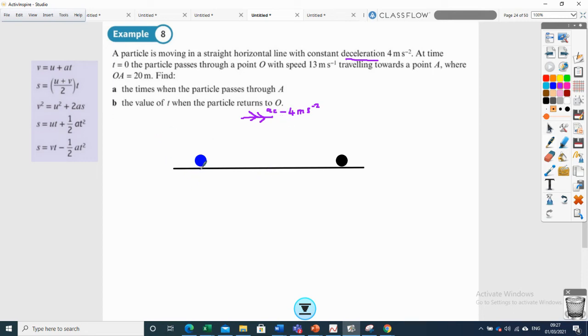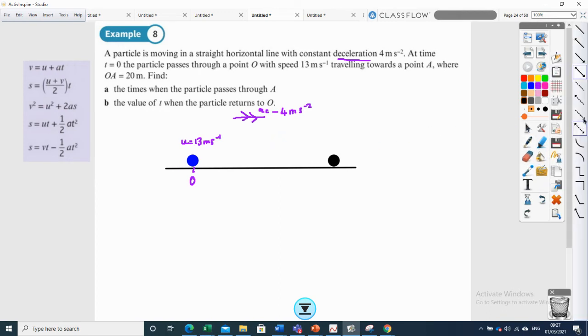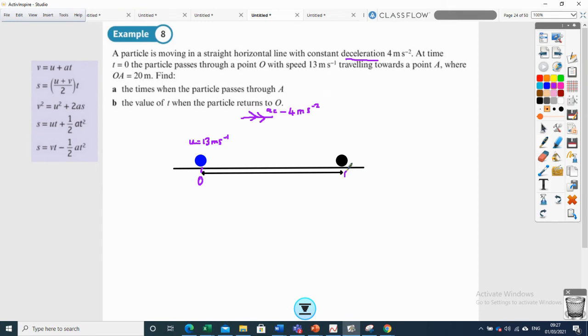At time t, it passes through the point O with a speed of 13 meters per second, where OA is 20 meters. Here's A, and this is 20 meters, and that's equal to S.